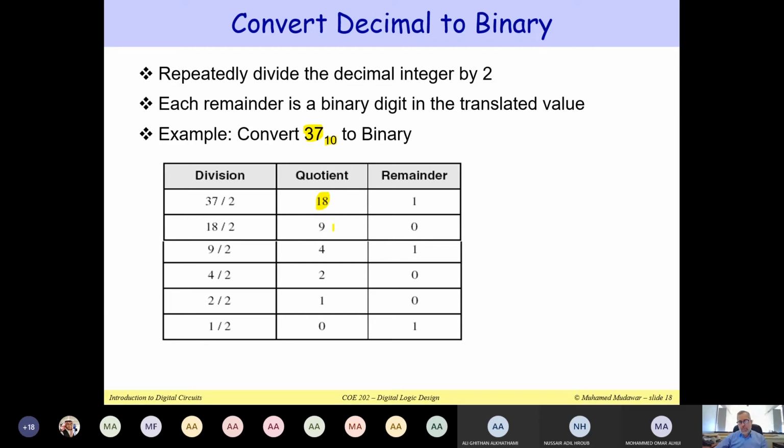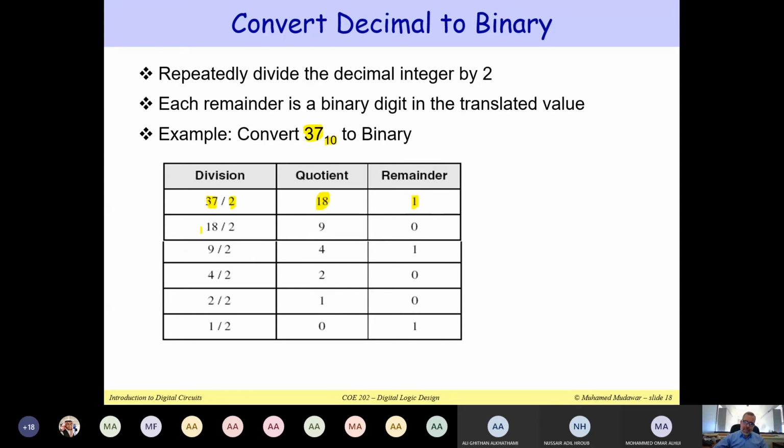But since we need to do integer division, the integer part is 18. You multiply 18 by 2, you get 36. You see 36, you can say 37 minus 36, the remainder is equal to 1. So this is how we calculate the remainder. In fact, you can see that the remainder is equal to 1 because the number is odd. 37 is an odd number. It's not an even number. So this is the remainder. Now this will be the least significant bit.